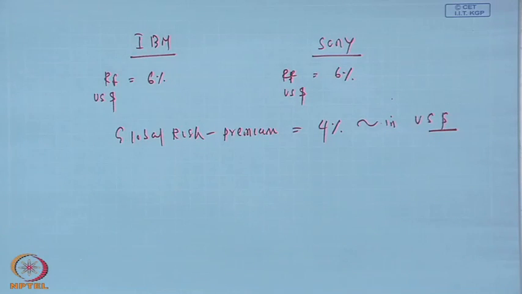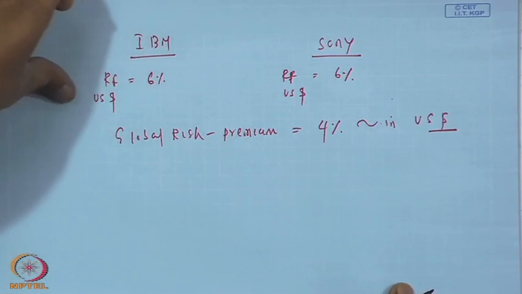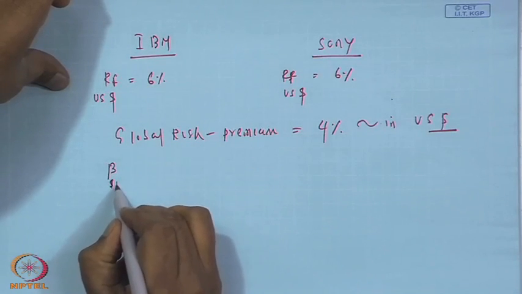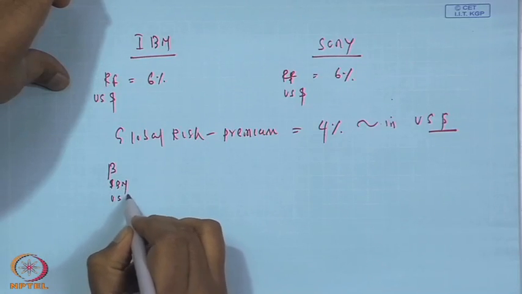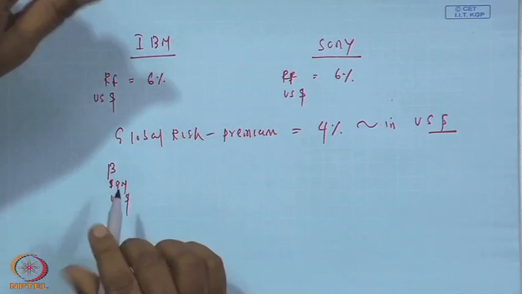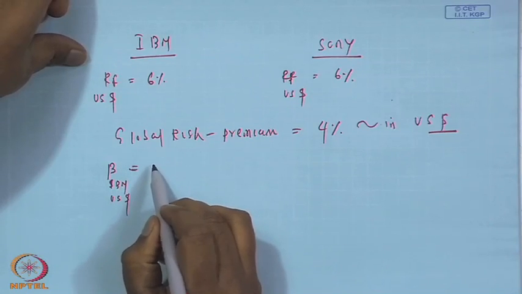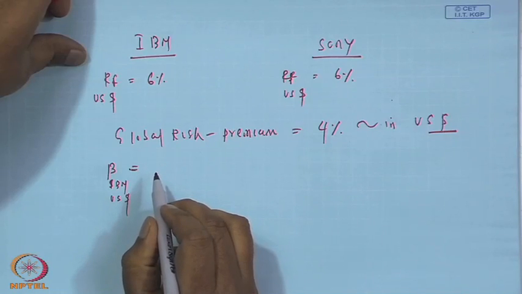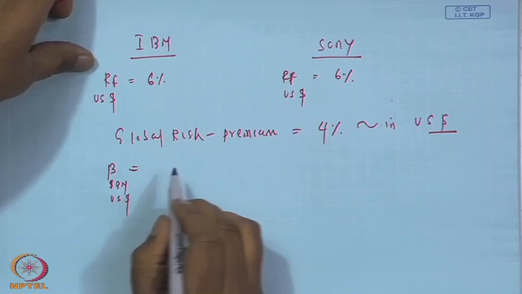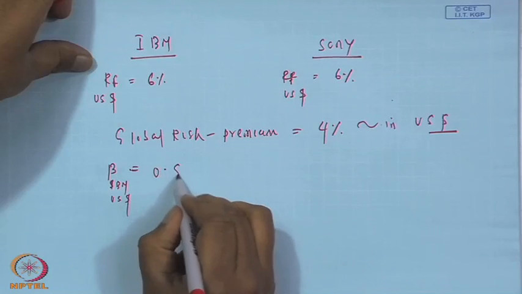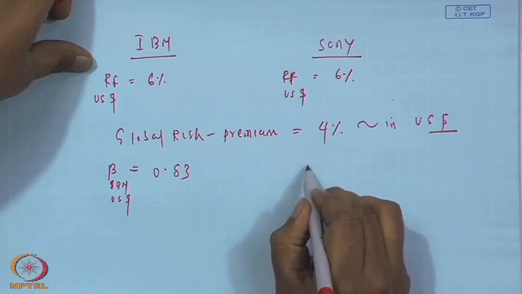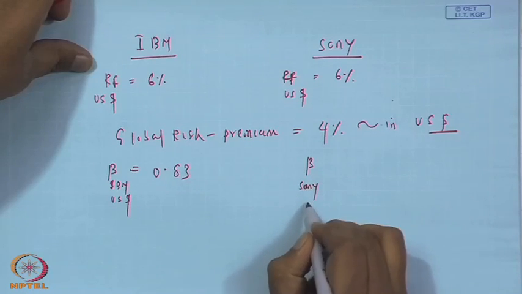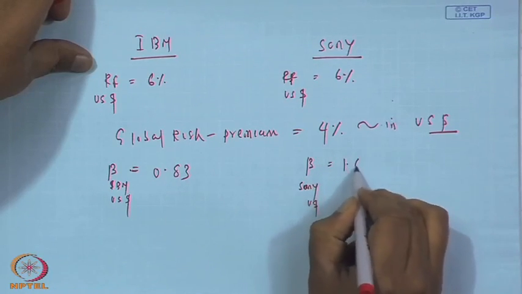Global risk premium is 4% in US dollar. We also know the beta of IBM in US dollar is proportionate to the US, because it is listed in the US. The global equity betas are given: for IBM it is 0.83, and for Sony the global beta in US dollar is 1.66.